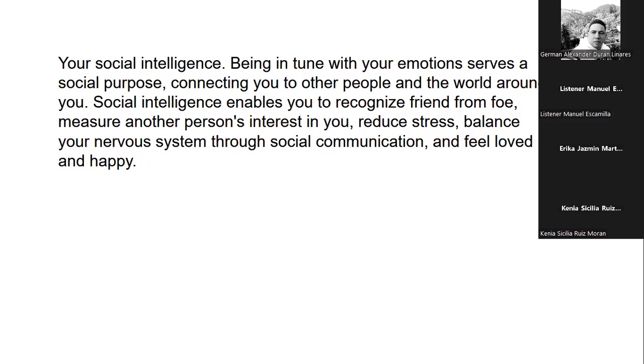So if you are very good with the emotional intelligence, you will be able to understand who is your friend and who is your enemy, and how interested other people are in you, reduce stress, balance your nervous system through social communications, and feel loved and happy. Of course, if you have a very good and balanced emotional intelligence, you will be happy. That is for sure. Any questions here?